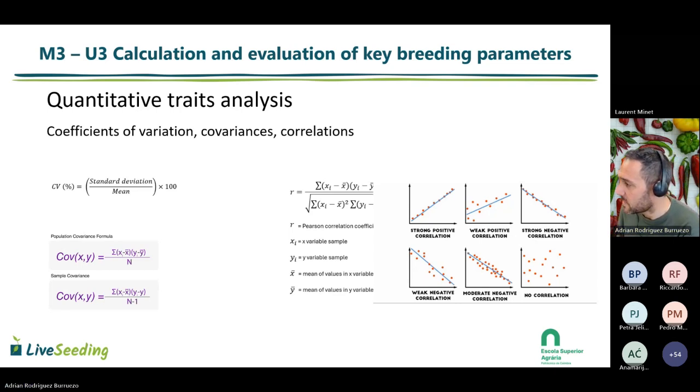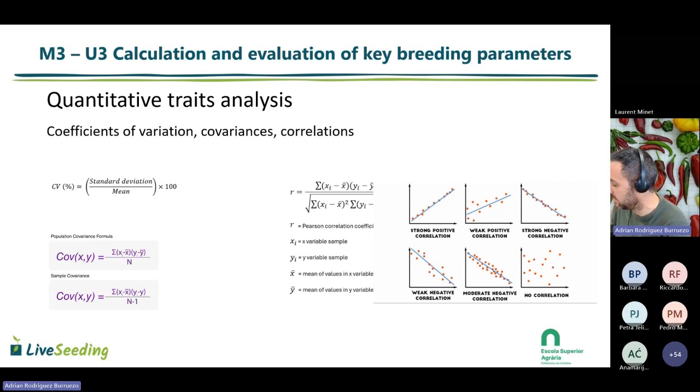I mean, if two traits, trait X and trait Y, are positively and strongly correlated, you can see the examples on the right. First example on the upper part, a strong positive correlation.